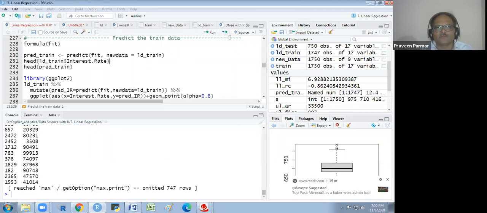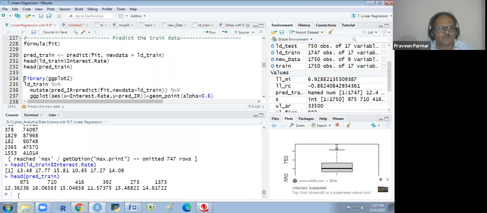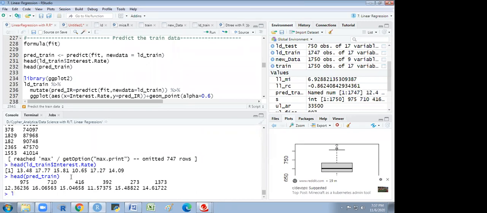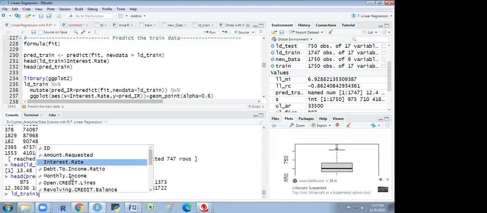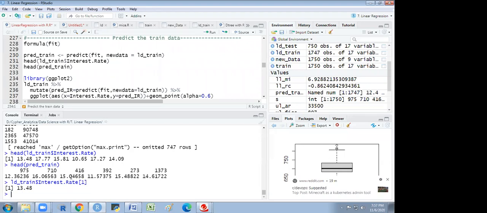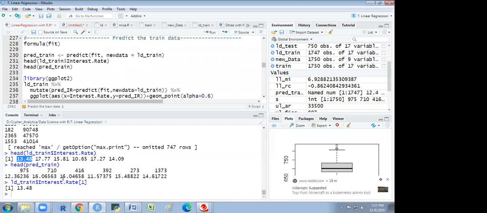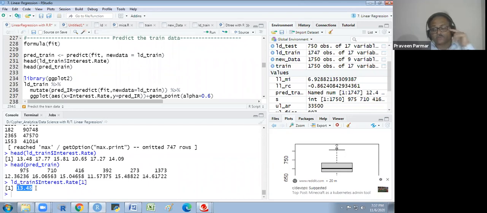I just run this again so it will not disturb us, and then I run here. Got it? Okay. It is the 975th observation from the actual data before partition.